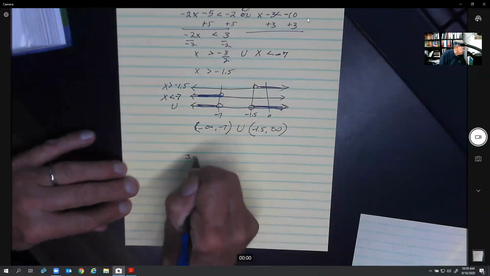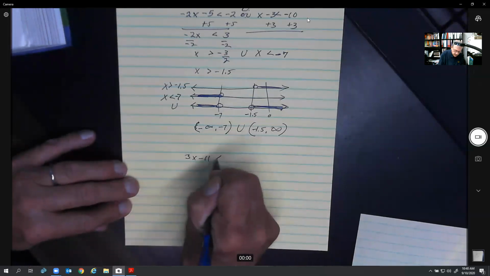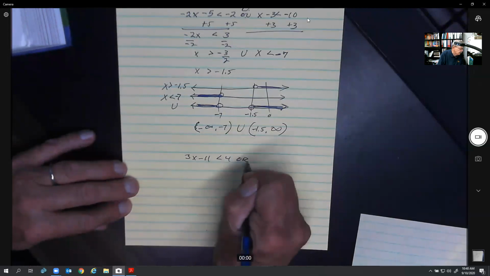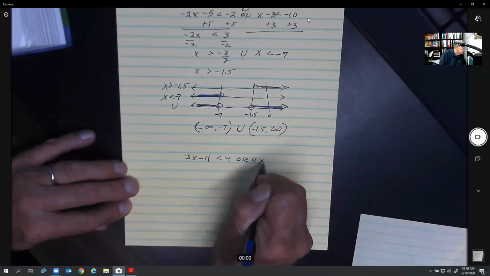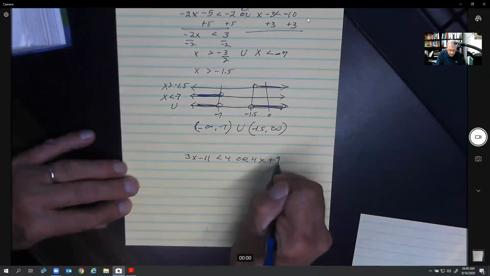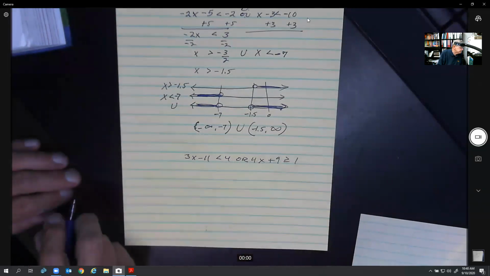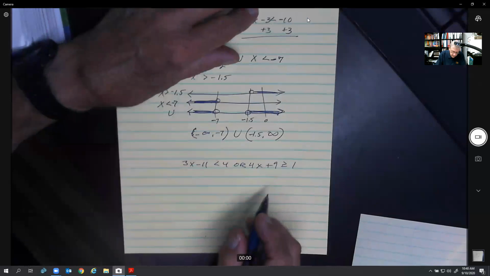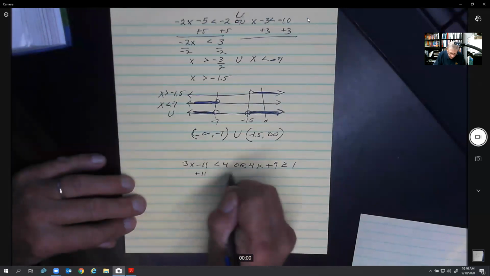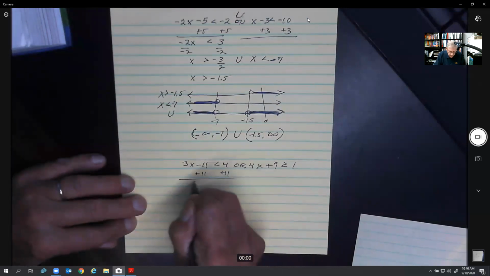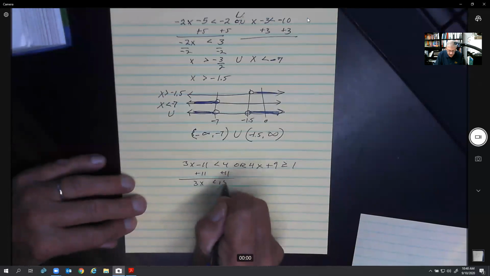3x minus 11 is less than 4, or 4x plus 9 is greater than or equal to 1. Solve them separately. 3x is less than 15. X is less than 5.